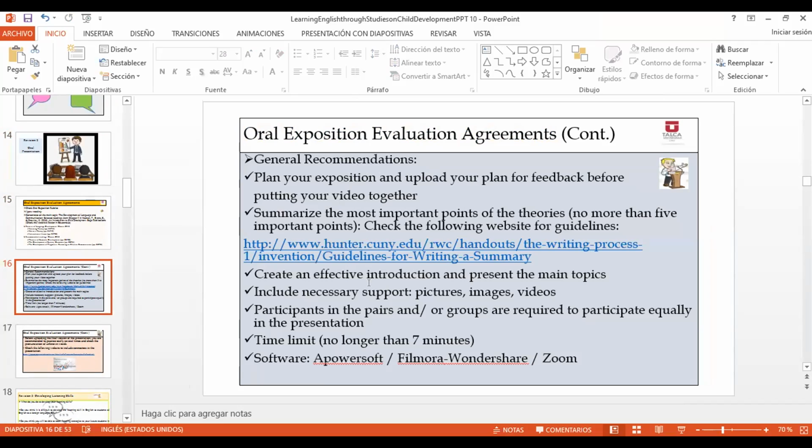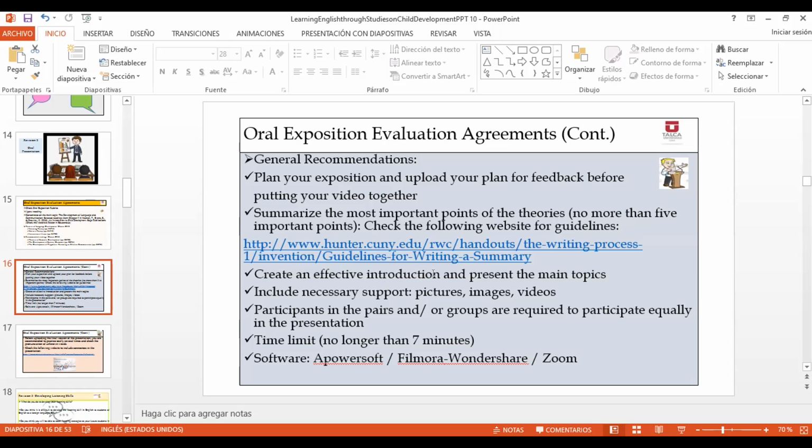So you plan your exposition and upload your plan, we said, for feedback, and that implies the summary, yes? And you have guidelines for writing a summary, pointing out the most important points, remember? And you create an effective introduction.